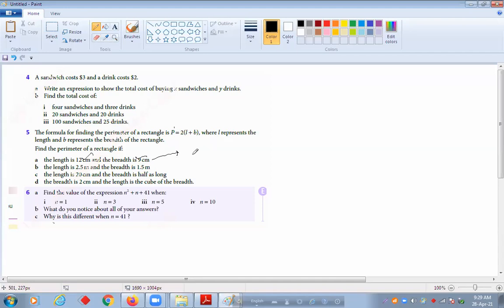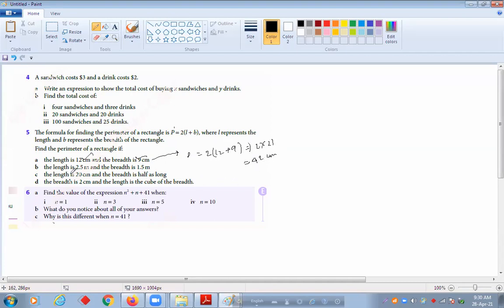So perimeter you need to find: 2 into length 12 plus breadth 9, 21. That means 42. And perimeter is in centimeter unit.